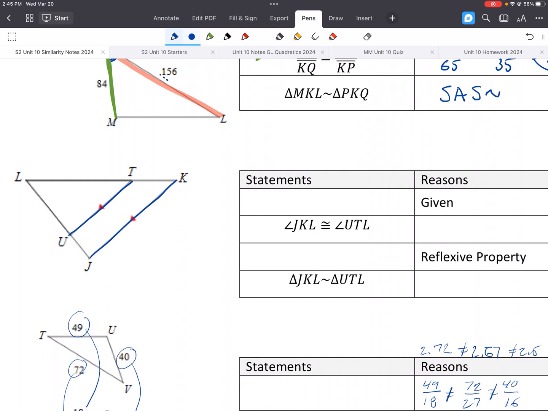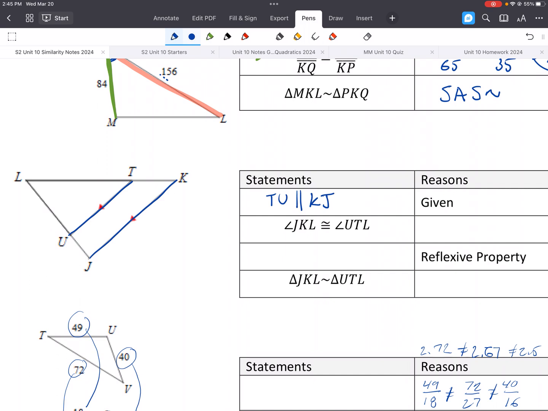So we would say that TU is parallel to side KJ or JK. All right, and that's given. And we need to know that, otherwise we wouldn't be able to find enough angles to show similarity.